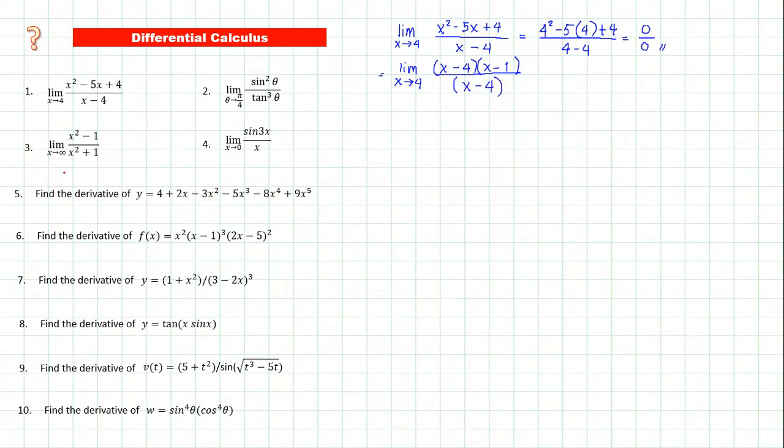So, in this case, magka-cancel yung ating x minus 4 na expression dyan sa numerator at saka yung denominator. Okay? So, ang matitira na lang talaga sa atin is to find the limit as x approaches 4 ng quantity x minus 1. And this will be simply substituting the value ng ating limit 4 papunta ron sa ating x. So that will be 4 minus 1. Okay? This is equal to 3.